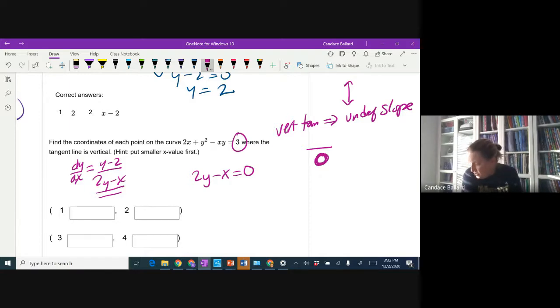All right. And now I'm going to solve for the x. So I'm going to add the x to the other side. So I know that x is equal to 2y. In order to solve, I'm going to go back to my original equation. All right, and I'm looking at what I did. Okay. I used this new equation, even though it had the 3 in it versus the 4.